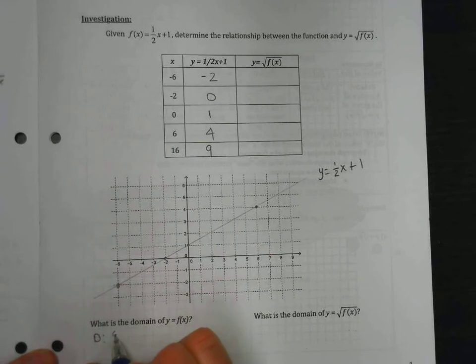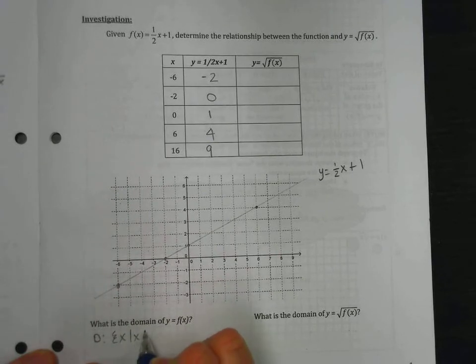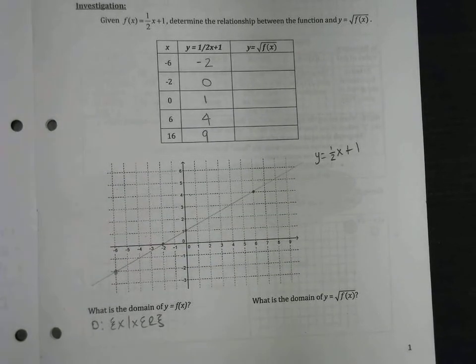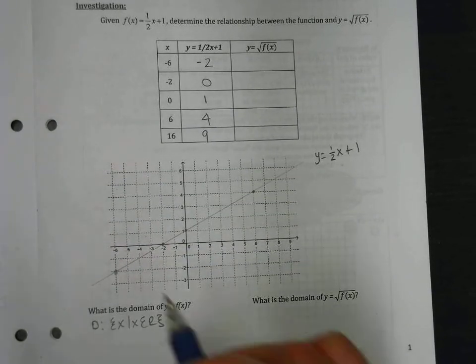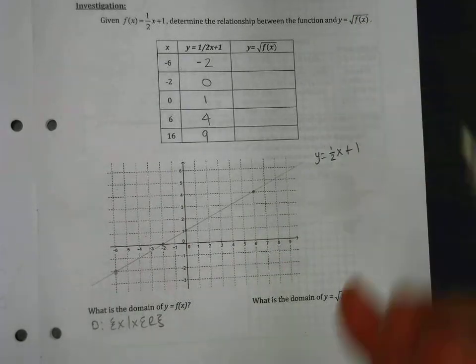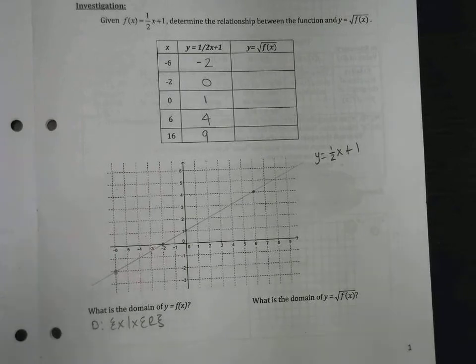Okay, so now what we want to do is take the square root of this function. So we're going to start by using a table of values, use those points, get our sketch, and then talk about some characteristics. Okay, so what does this mean? I want to take the square root of this entire function.